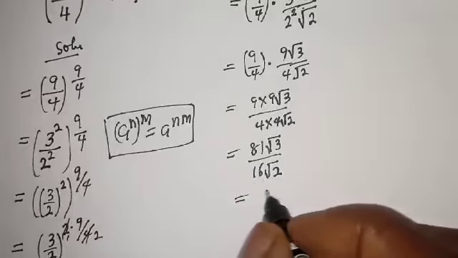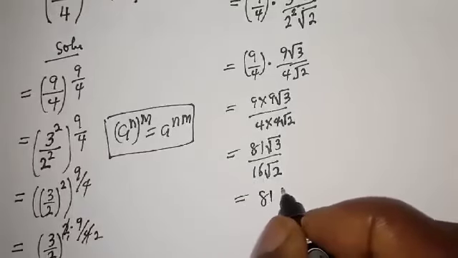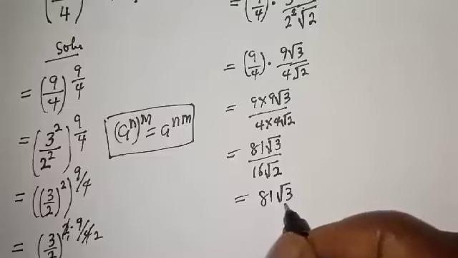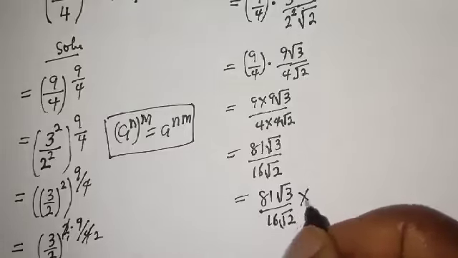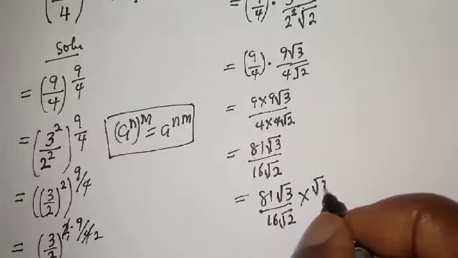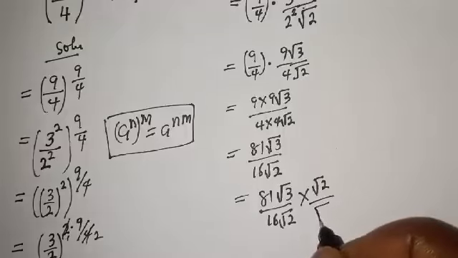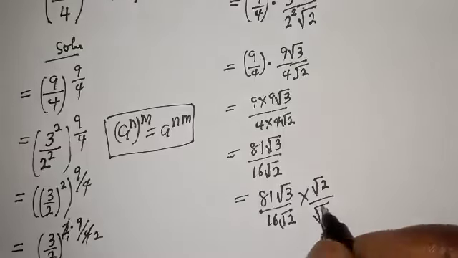So this is equal to 81 root 3 over 16 root 2. Here we multiply by root 2 over root 2.